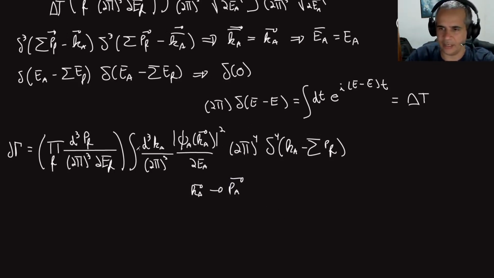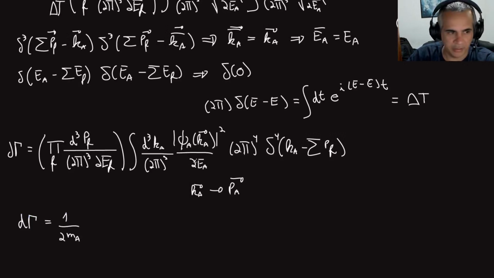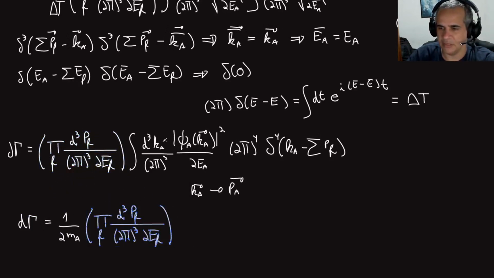And then I can do this integral using the shape of this function, and then also I'll specialize because this was defined in the rest frame of the initial particle. So Ea here is just the rest mass, right? So that means I can write the differential width as 1 over 2 ma. This is coming from here. This stays here. This integral is gone.